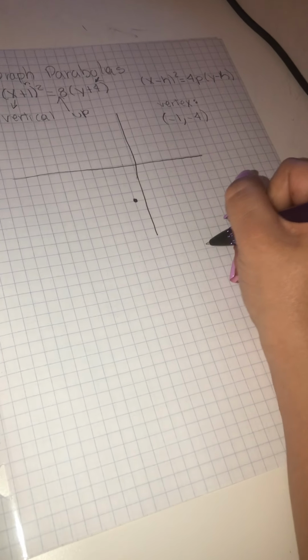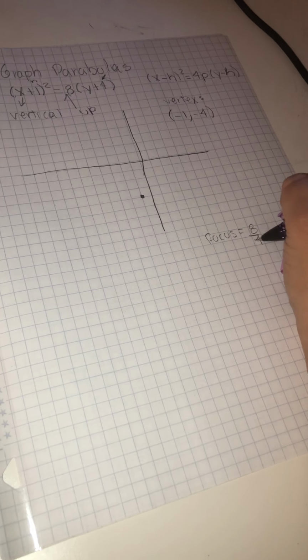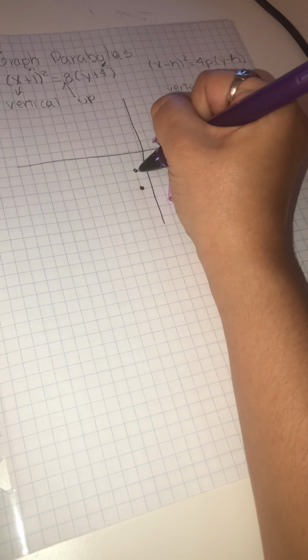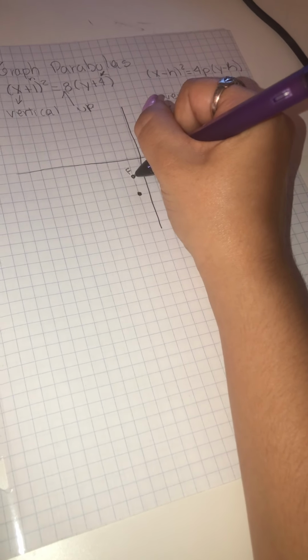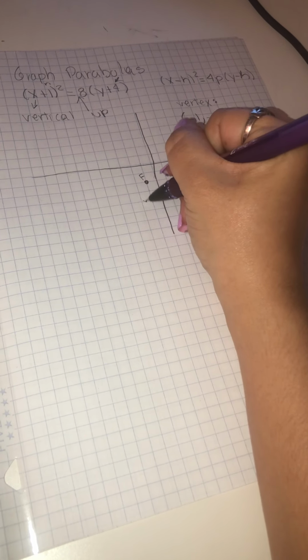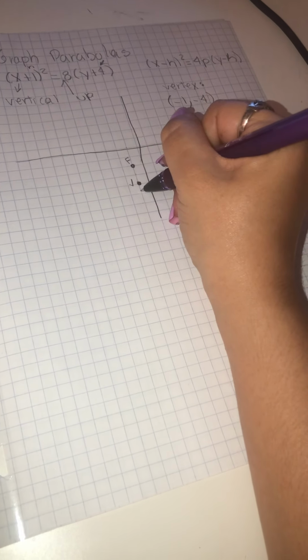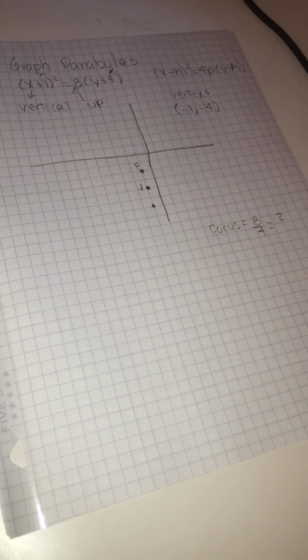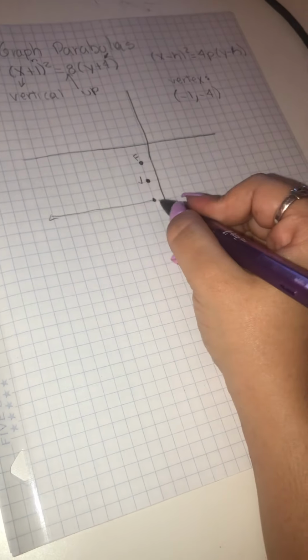So the focus will be 8 divided by 4. This will be 2 up, because it's gonna lie inside the parabola. And since the distance from the focus to the vertex is the same distance to the directrix, we know that the directrix is gonna be 2 down, outside the parabola. Right here.